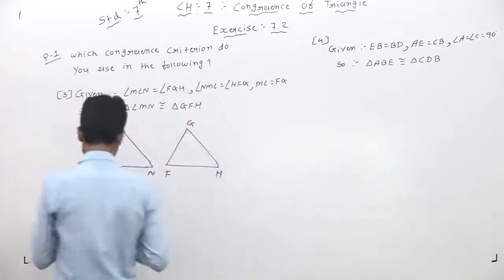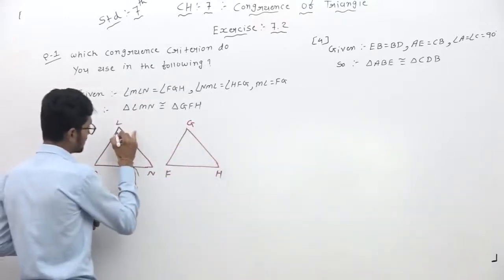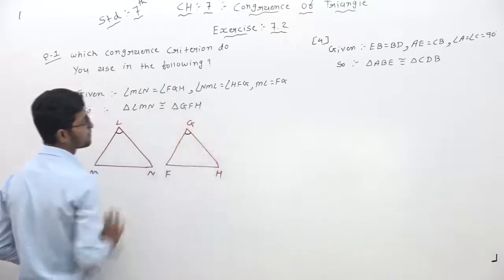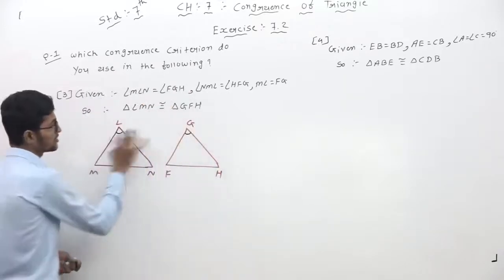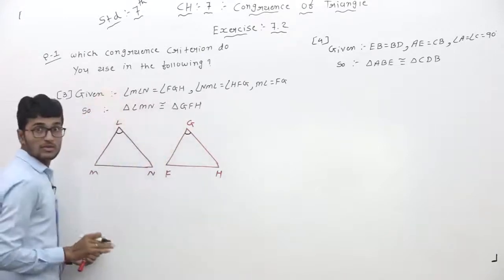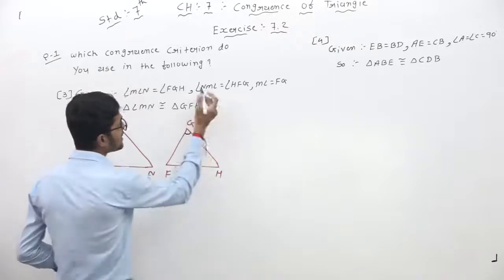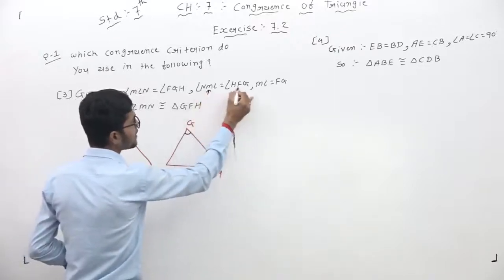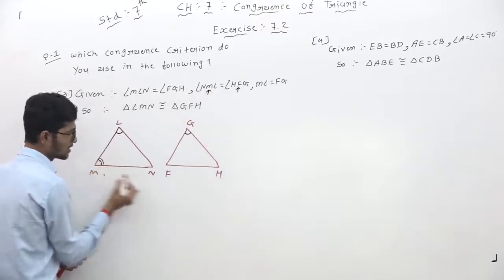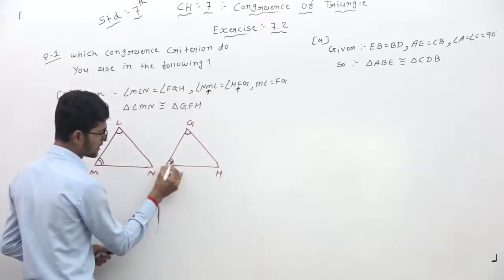In this one is angle L and in this one is angle G. So these two angles are same. Why? Because this is given. Second one is M and F, it means these angles are also the same.